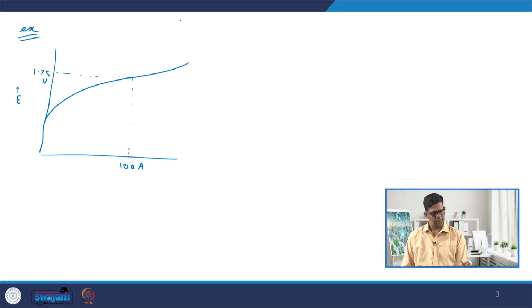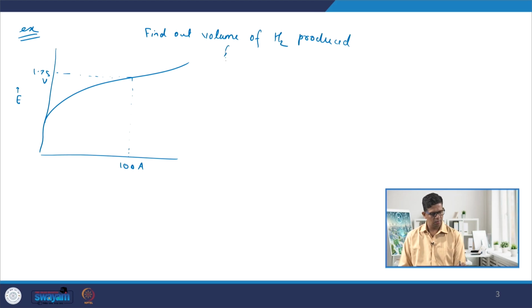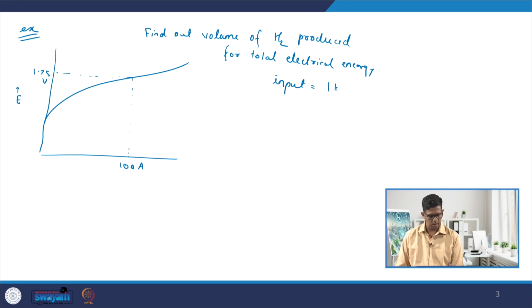So what we have been asked is, let's find out the volume of hydrogen produced for total electrical input, or total energy that is input, is, let's say, around 1 kilowatt hour.